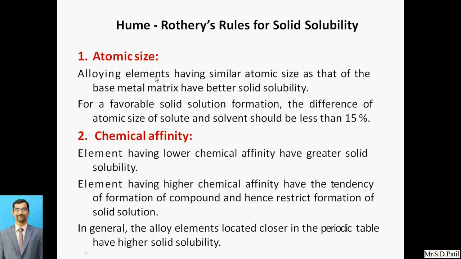Now, the first rule is the atomic size. For proper solute solubility, Hume-Rothery developed the first rule, which is related to atomic size. An alloying element having a similar atomic size to that of the base metal matrix has better solute solubility.